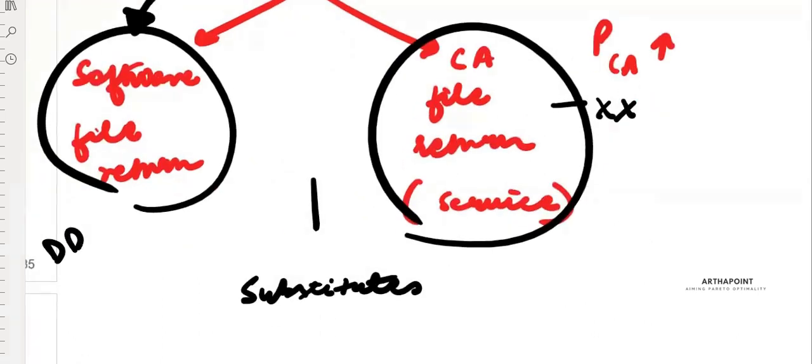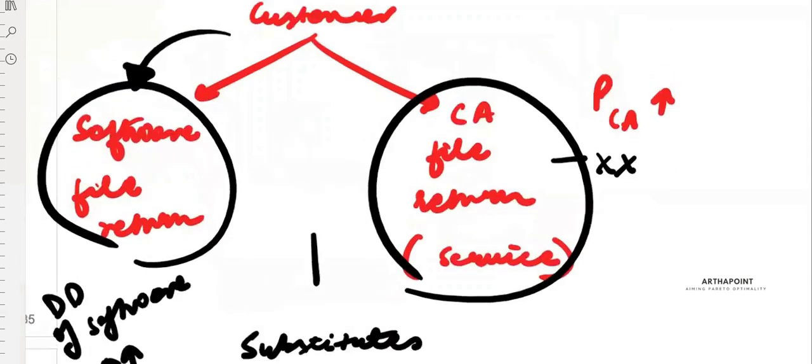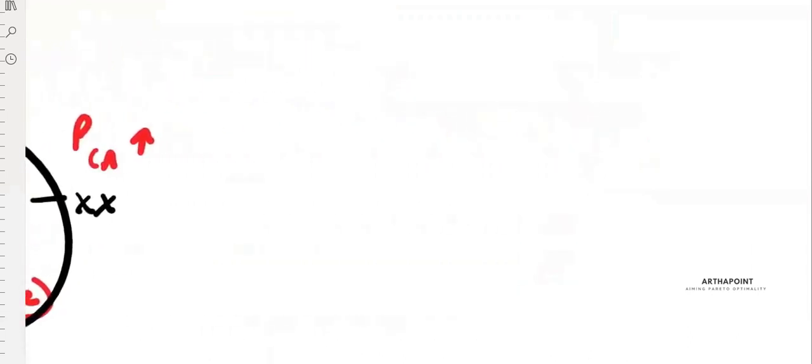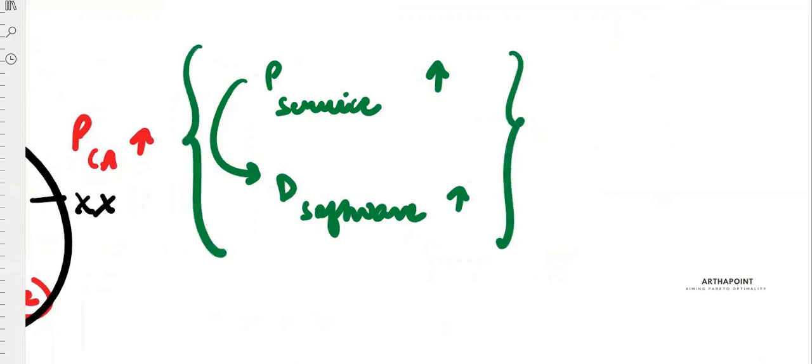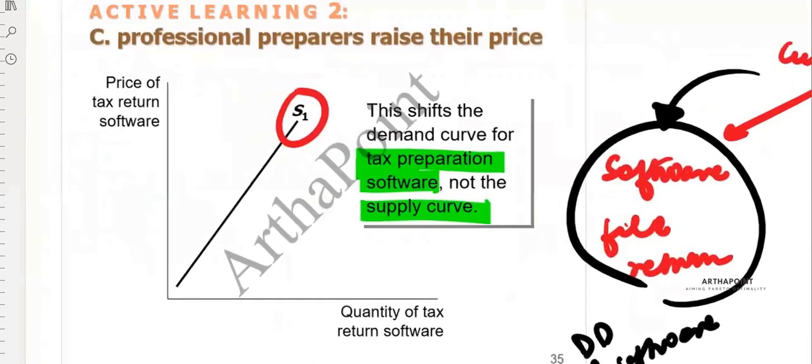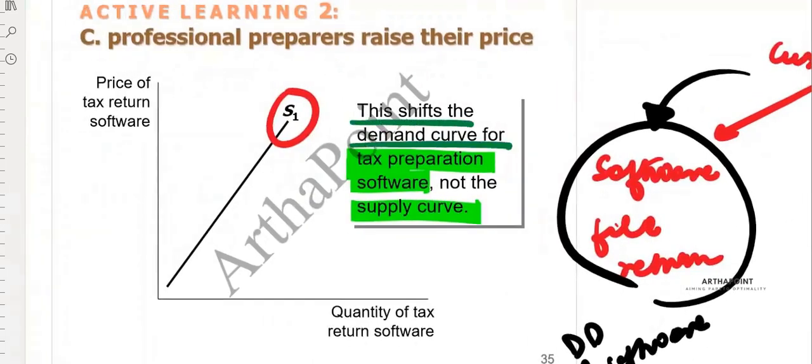So the demand for software will increase. This is a substitute good effect: when the price of the service increases, people go to the alternative, and the demand for software increases. But this has got nothing to do with the supply side. Please don't get confused. This shifts the demand curve for tax preparation software, nothing to do with the supply curve. This is a little tricky, okay?